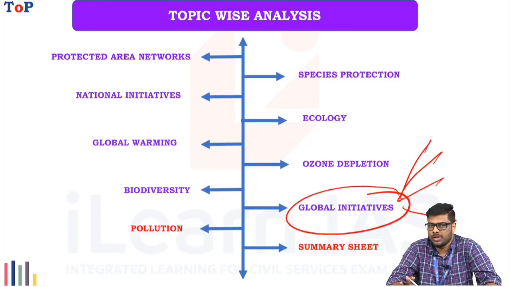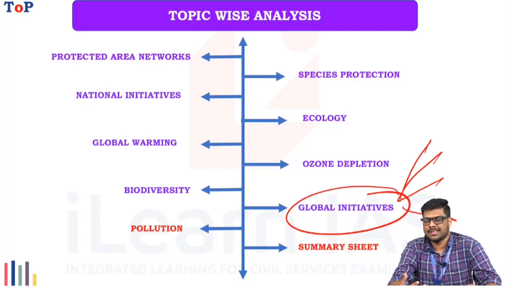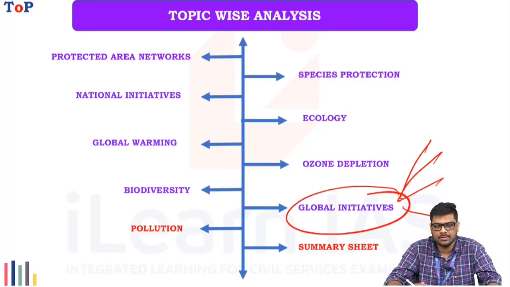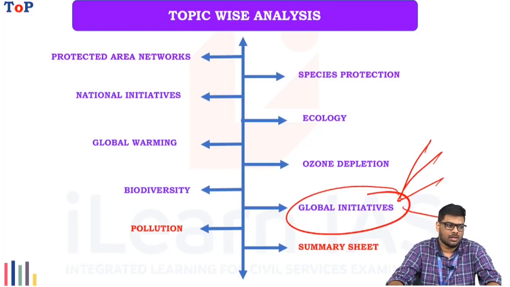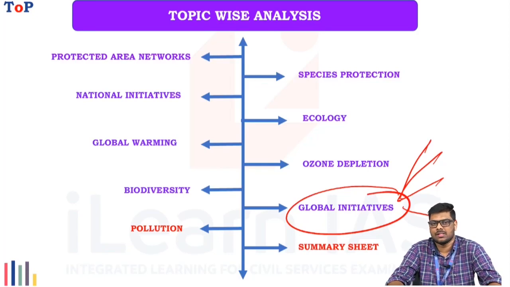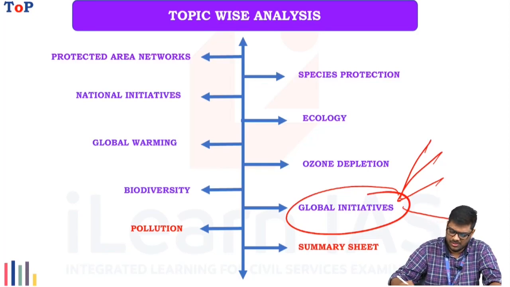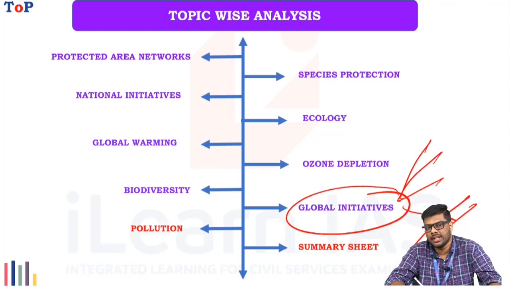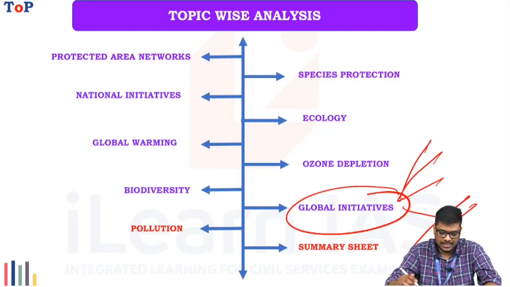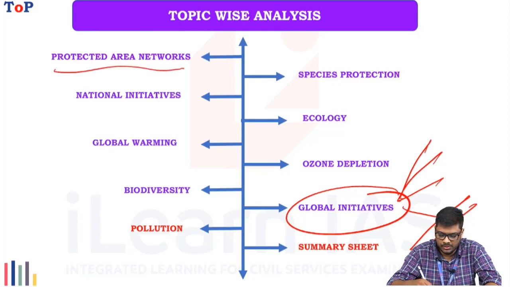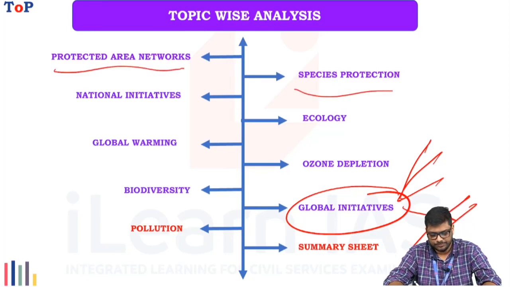UPSC can surprise you with many current affairs and many unheard initiatives and activities, which usually don't come in any of the current affairs magazines. This is a highly diversified, highly unorganized, highly factual module which needs to be tackled just like protected area networks and species protection.